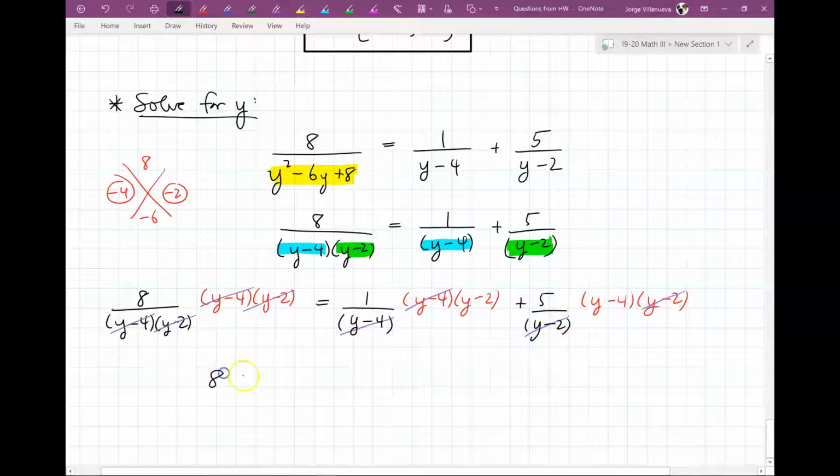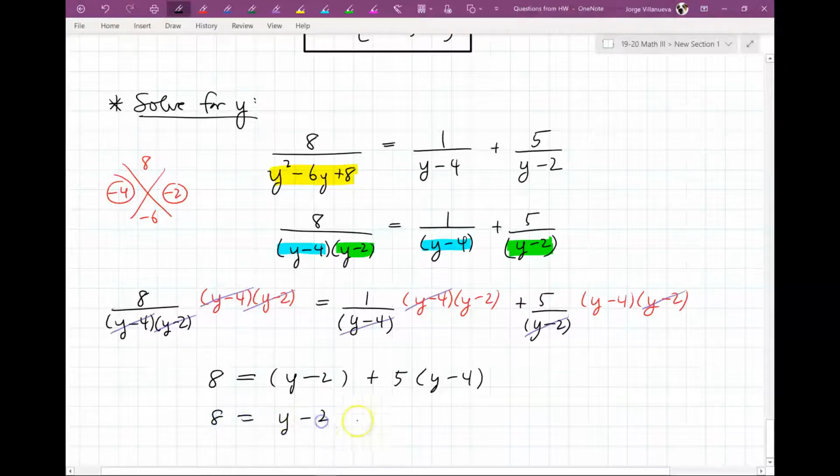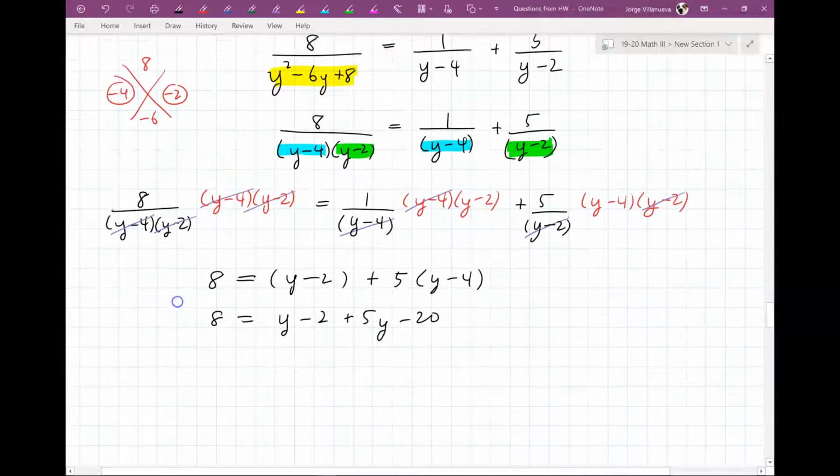Over here, we're just going to have 8. On the right side, we're just going to have a y minus 2 times 1, which is just that, and then 5 times y minus 4. So 8 is equal to y minus 2 plus 5y minus 20.